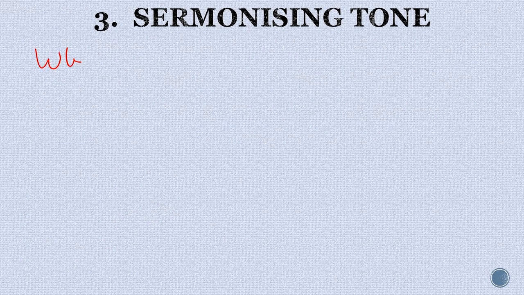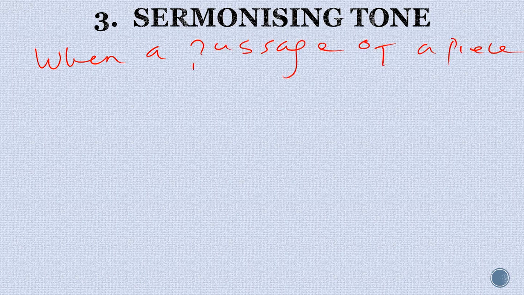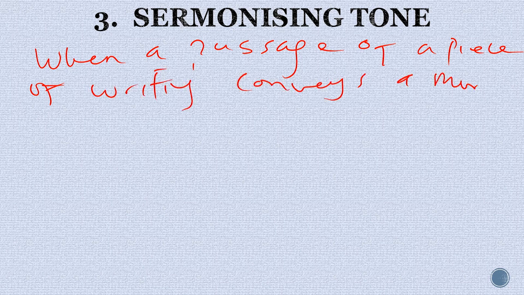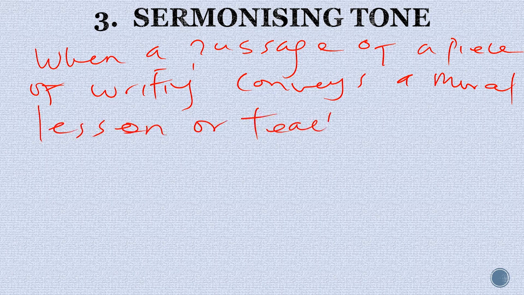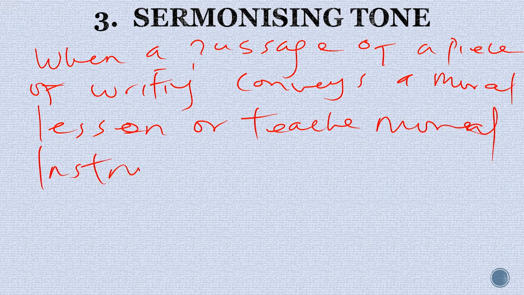Now we have the sermonizing tone. Now when a passage or a piece of writing conveys a moral lesson or teaches moral instruction, such a passage will have what they call what?